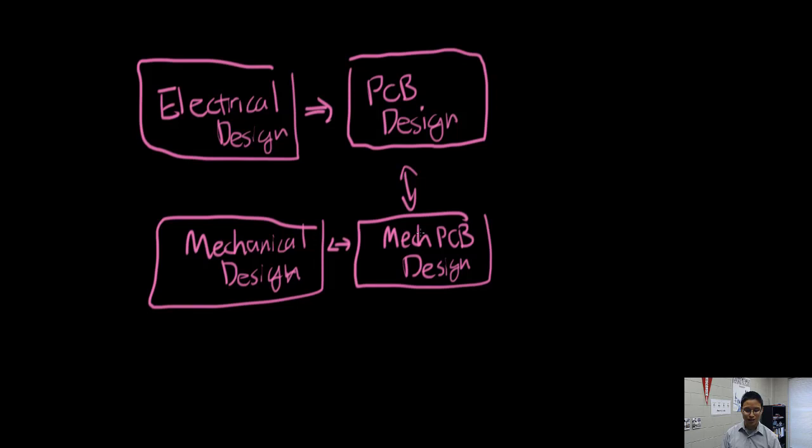So this kind of close co-development becomes especially important, especially in the case of PCB design and mechanical design. And so there's this iterative process where the electrical team develops the circuit and lays it out in PCB, but then there's a separate part where you want to interface with the mechanical team, make sure that it fits, and also think early about how you want to mount the PCB into the housing.